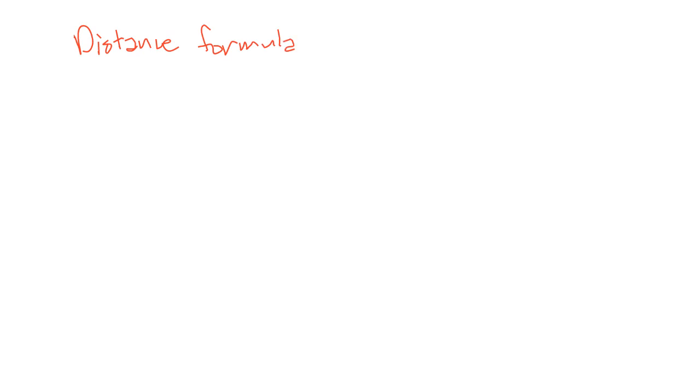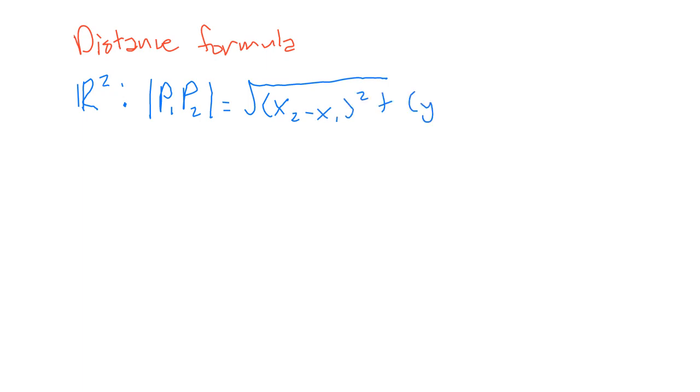Back in all your previous work, whenever we worked in 2D, we knew our distance between point 1 and point 2 was equal to x2 minus x1 squared plus y2 minus y1 squared, all that square rooted.